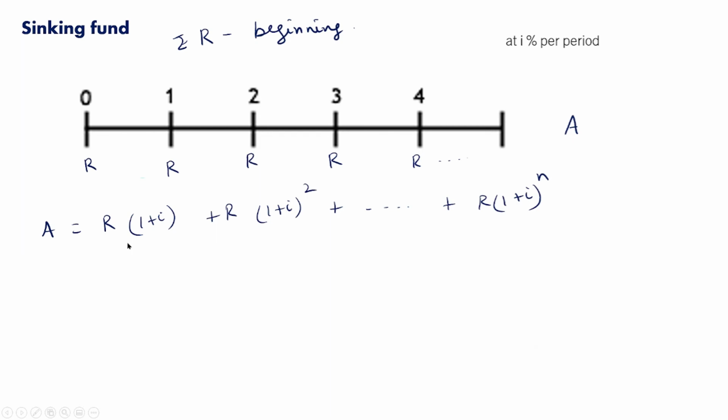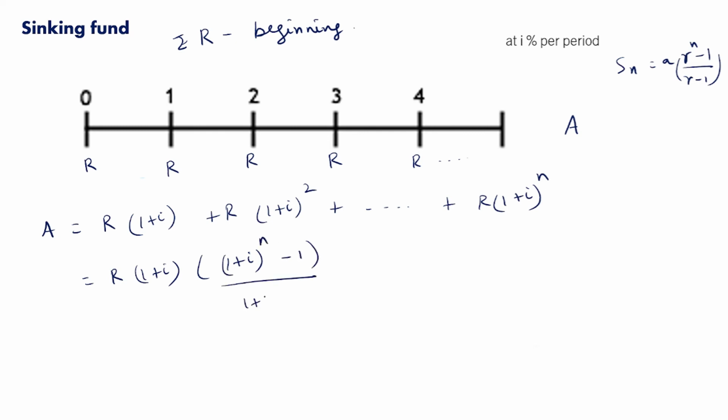So here the first term is R into (1 plus i) and the common ratio is 1 plus i. Again, using the same formula, Sn is equal to a into (r raised to n minus 1) upon r minus 1, we can find the sum of this geometric series as R into (1 plus i), the first term, into ((1 plus i) the whole raised to n minus 1) upon (1 plus i minus 1).